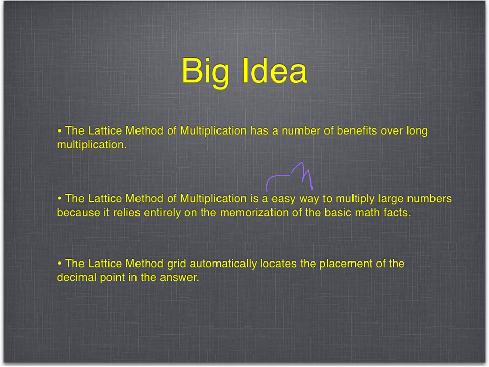The lattice method grid automatically locates the placement of the decimal point in the number. All you have to do is draw your lines, straight up and down or left and right until they meet, and then the diagonal takes you right to where the decimal point goes. Very simple, very straightforward.